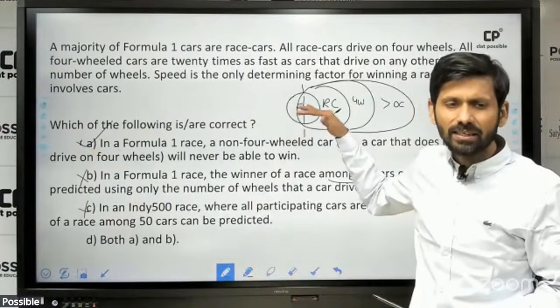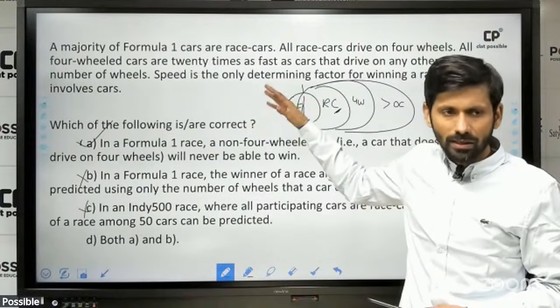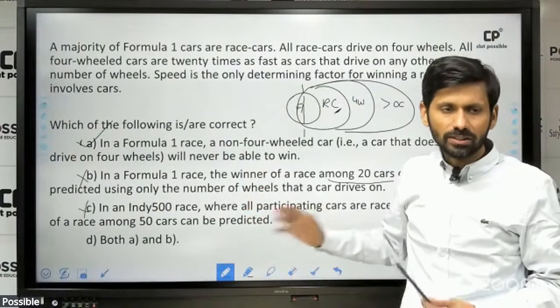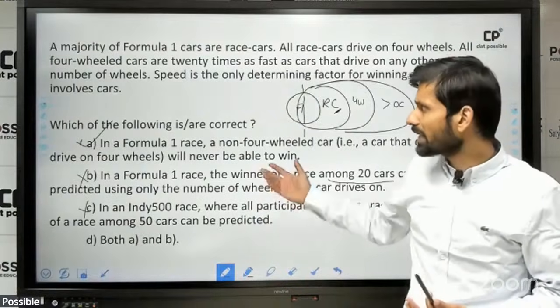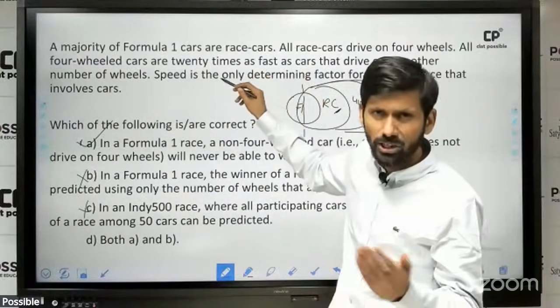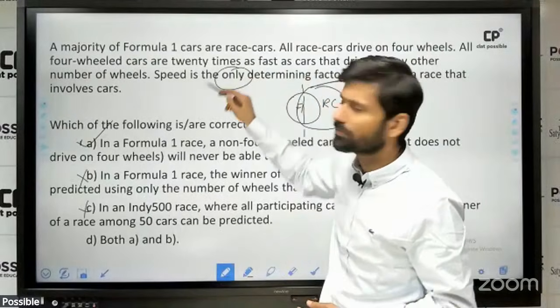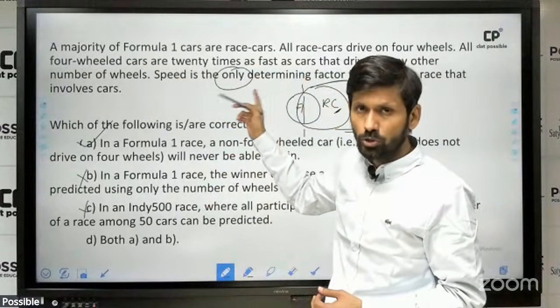So as I said, the Venn diagram may not have come to use here. Some of the students would have solved it just purely common sensically. That's okay. But sometimes when you get these questions, and there was one condition also, by the way, speed is the only determining factor, right? We didn't read that statement, but yes, that also plays a role.